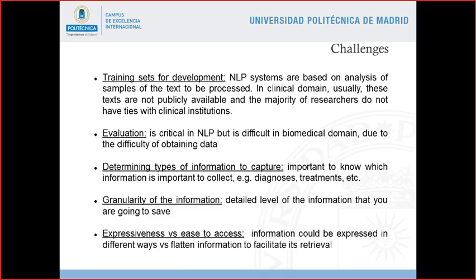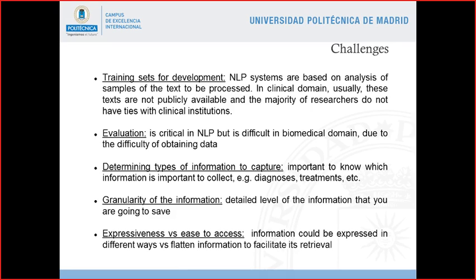As I said before, regarding training set development, due to the nature of the data that you are using, these documents usually are not publicly available. And the majority of researchers have no ties with the clinical institution. So it's difficult to obtain these sets of documents to improve your system.